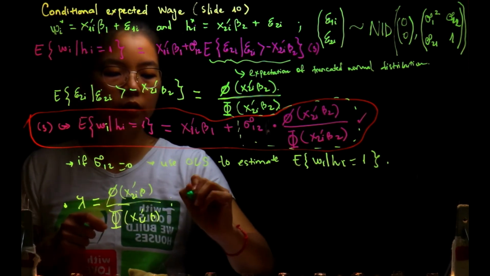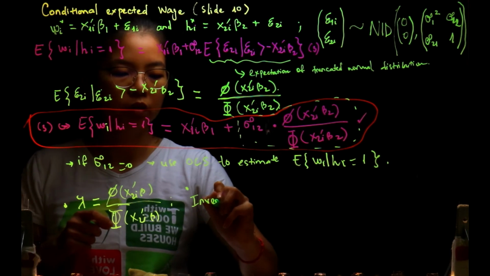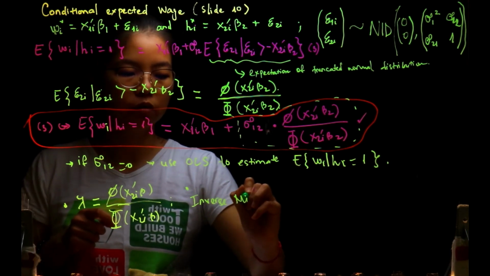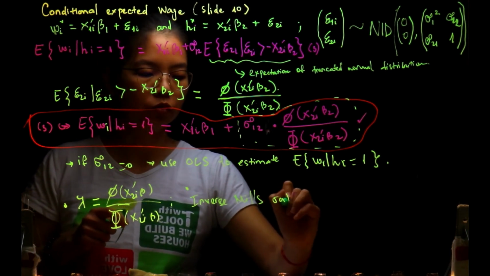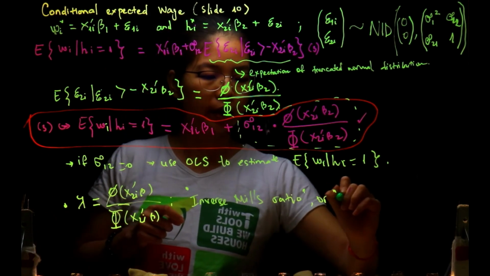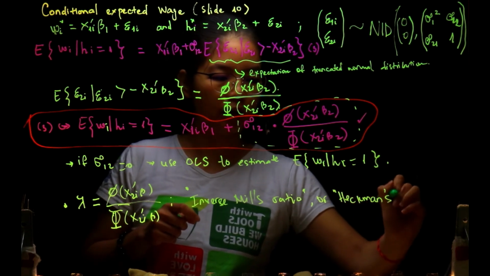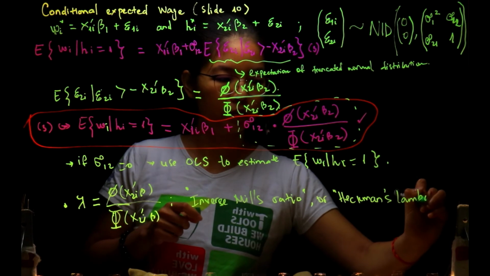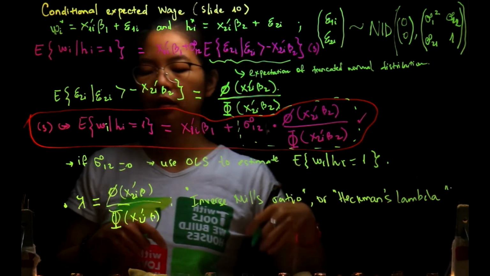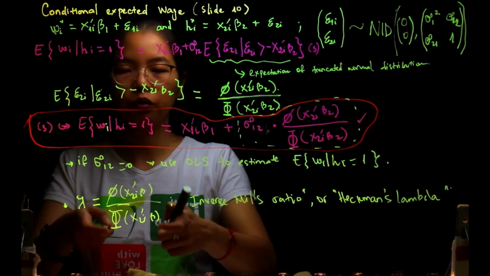These are called the inverse Mills ratio, or Heckman lambda, named after Heckman, the one who proposed to use it.